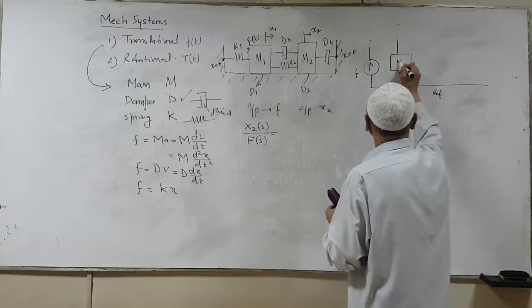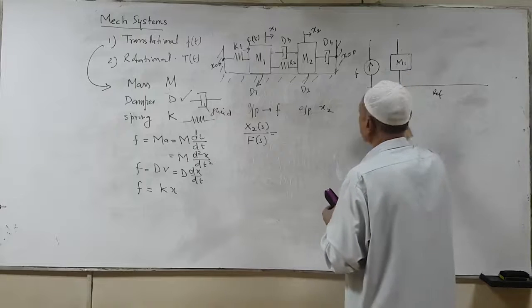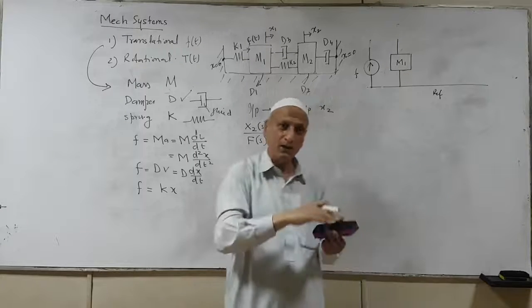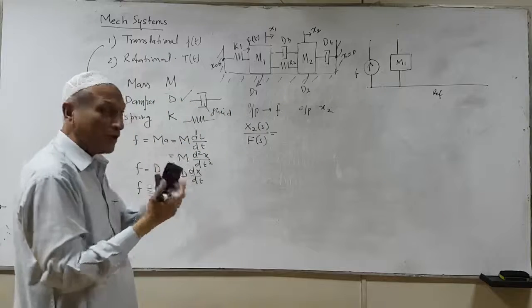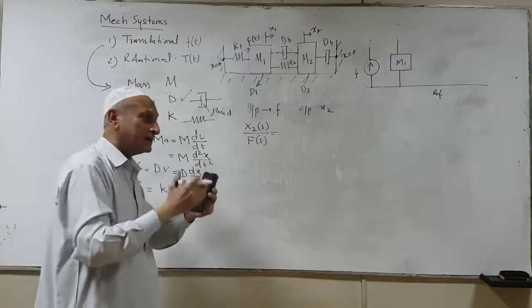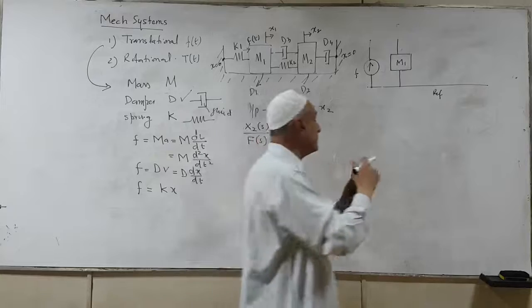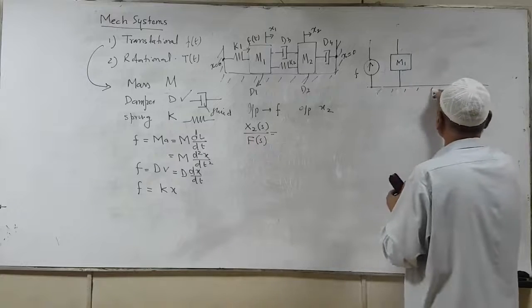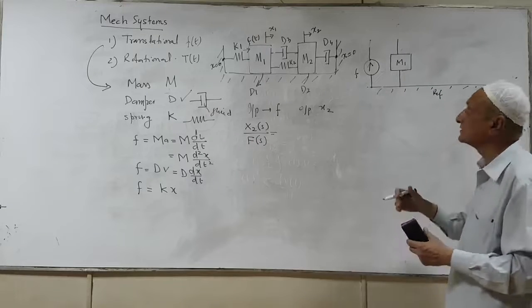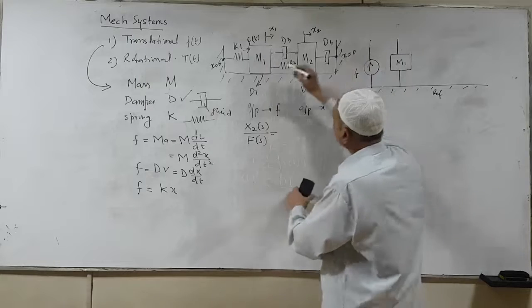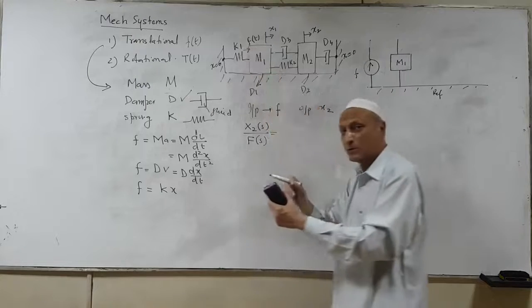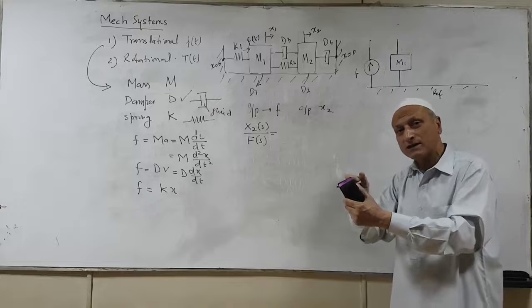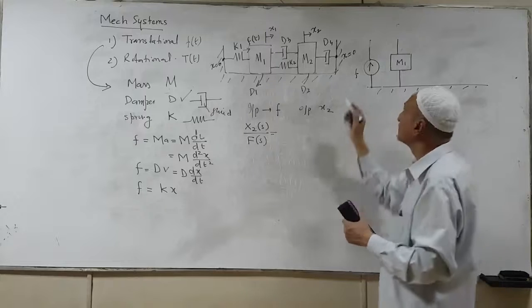Now m1 is supposed to be connected to the reference because mass is actually lying on the reference. So it is always mandatory that one side of the mass must be connected to the reference. This is the reference, or a ground in an electric circuit. Now also the force is acting on K1 if you look, because the K1 spring is stretched actually under the influence of this force.